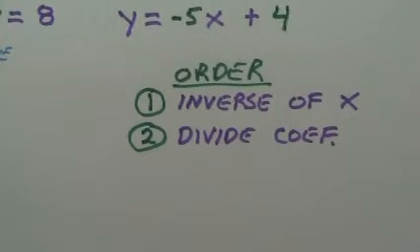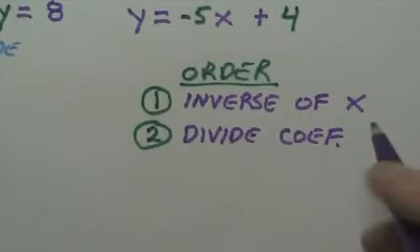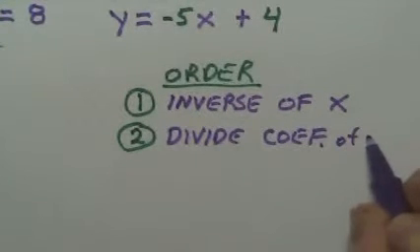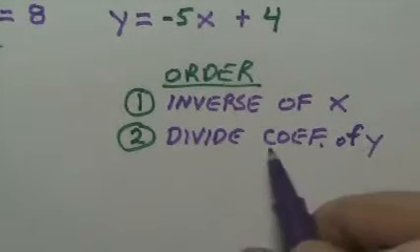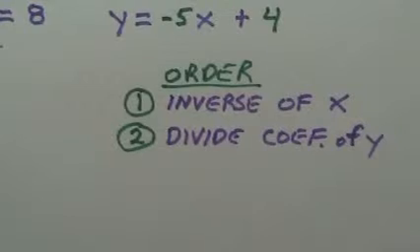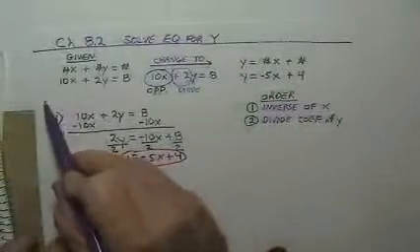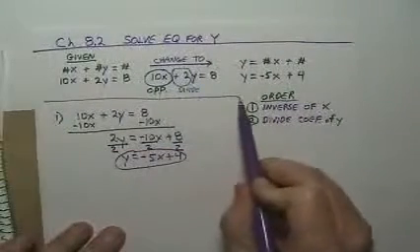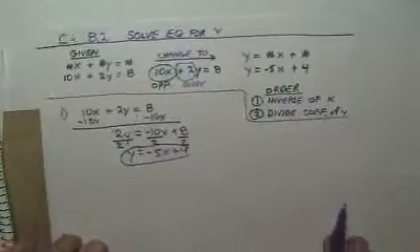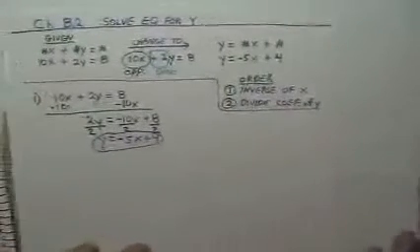And I should say that's the coefficient of y. Divide by the coefficient of y. Okay, so those are my instructions. I'm just going to outline that. There we go. All right, let's go ahead and do 3 more examples.